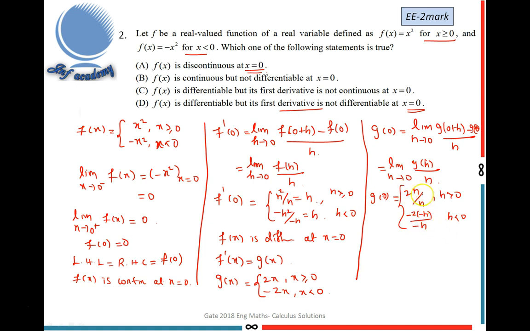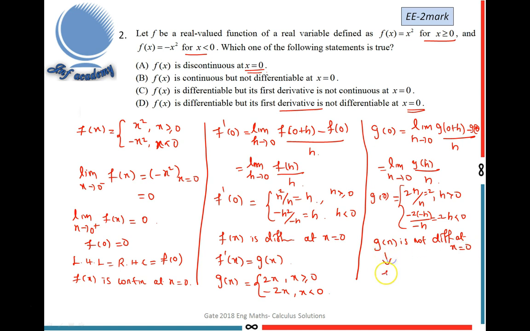So here I got 2 and here I got minus 2. This value is 2 and this value is minus 2. Here the limit from the right is 2, but the limit from the left is minus 2. So the limit does not exist, and g of x is not differentiable at x equal to 0.